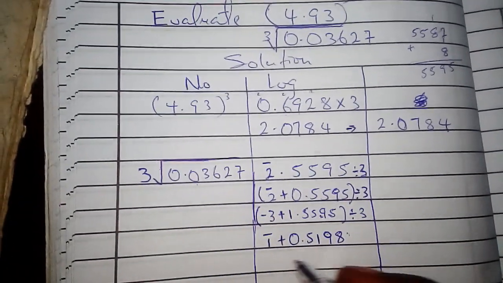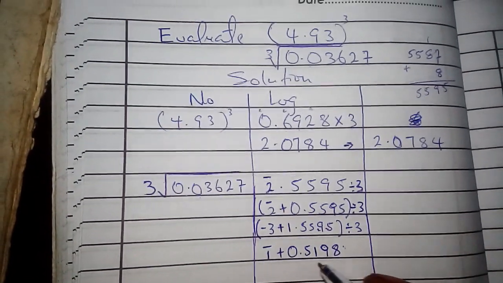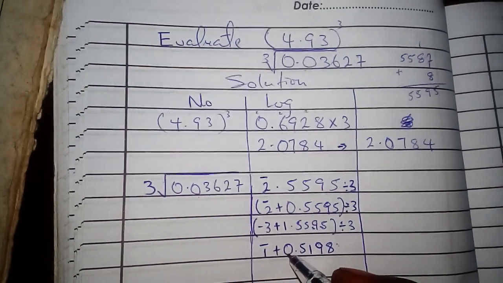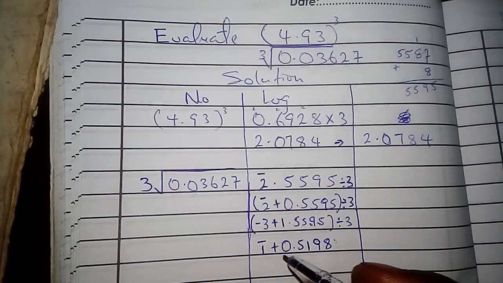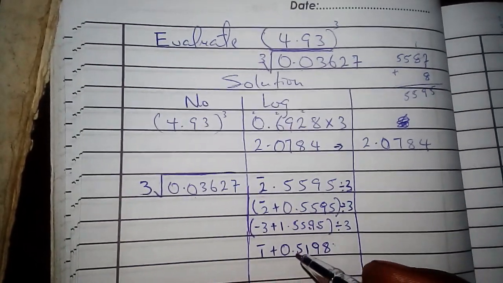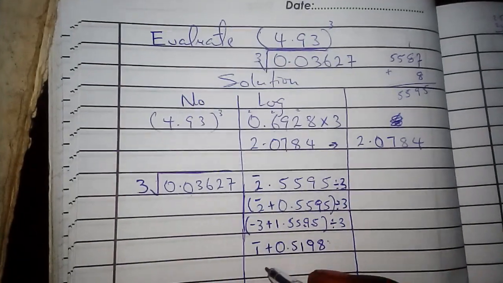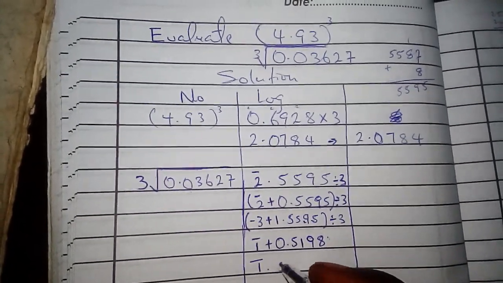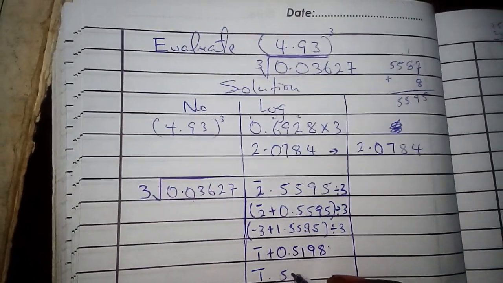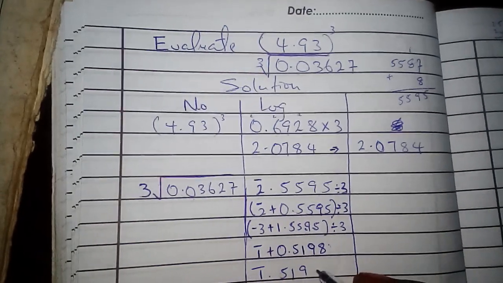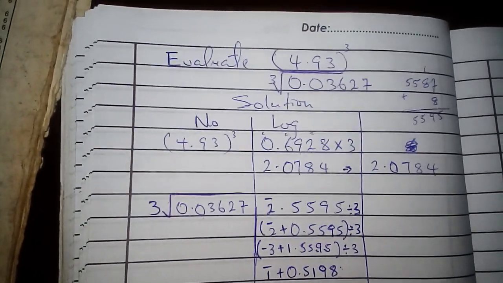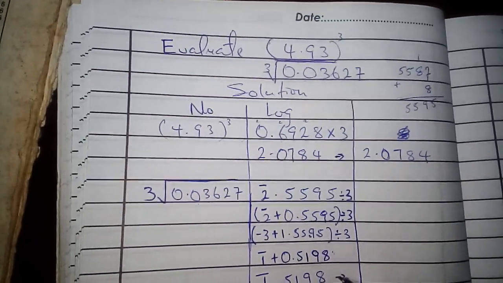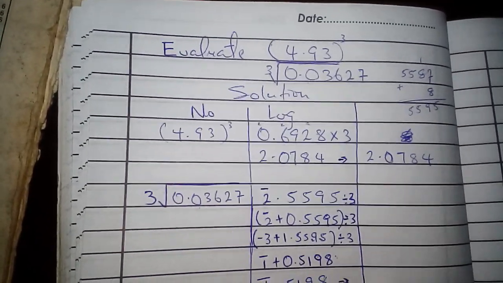So now when you add this number, we have a whole number here, a whole number here. So 1 plus 0 will give us about 1.5198. So here is the final answer for this one, semi-final answer.